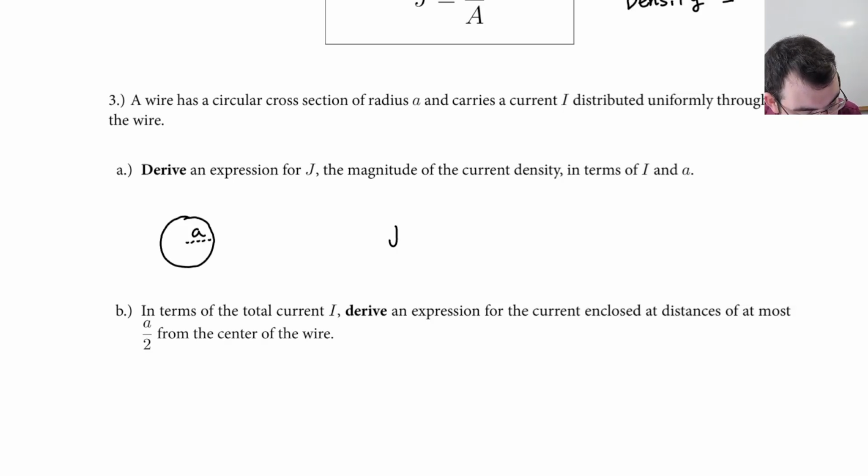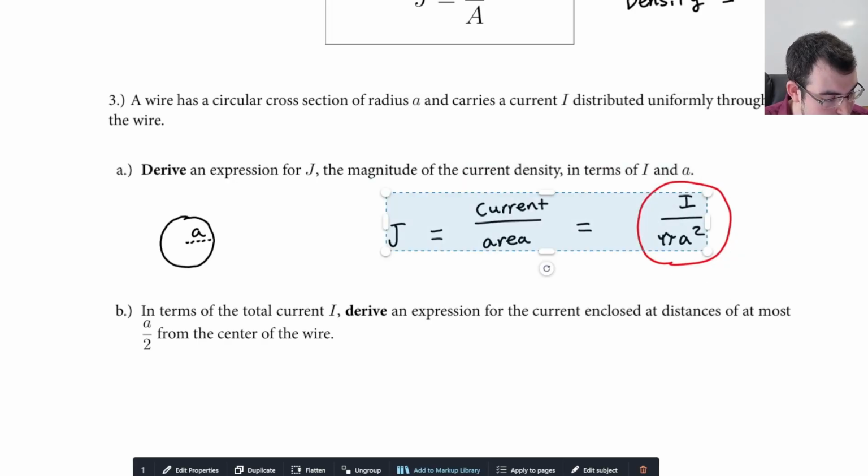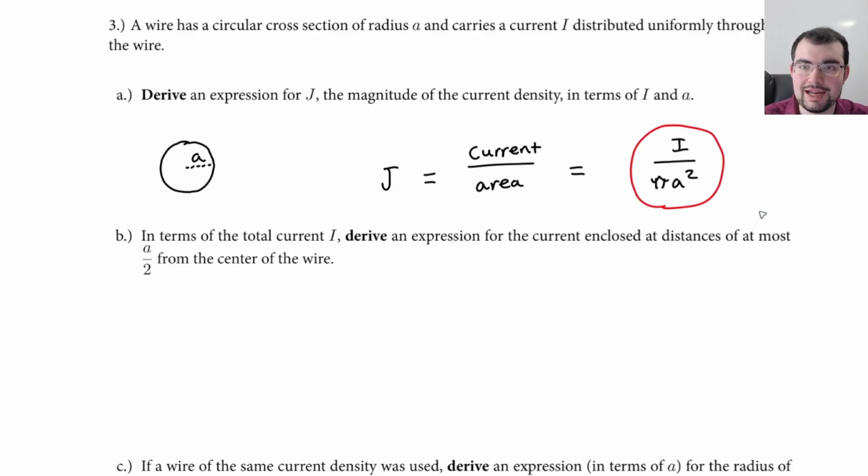So we can say that J is defined as the current divided by the area, which is I divided by the area, pi little a squared. And notice it's really clear from this that it is showing a current and an area being divided, because that pi a squared is, of course, our circle area. Again, the area that we're actually talking about with density is the actual cross-section, so we don't have the full cross-section here.